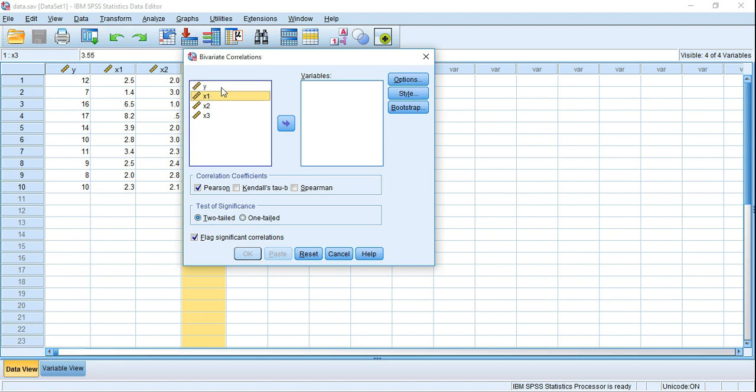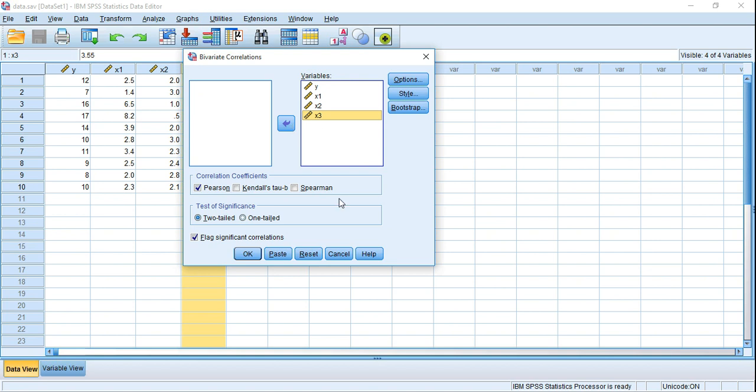You can check the correlation between two variables, just like y and x1. You can skip these two variables if you don't want them. But in this model, I'm considering all the variables to look at their correlation, to look at their relationship with each other.